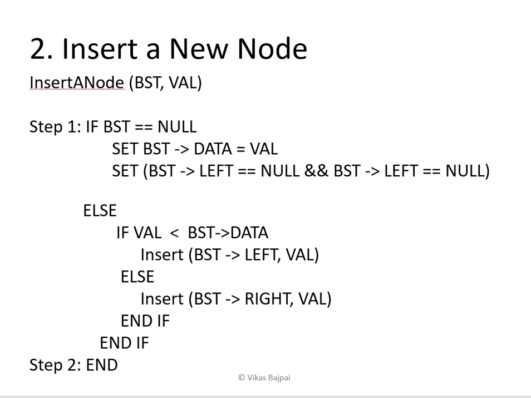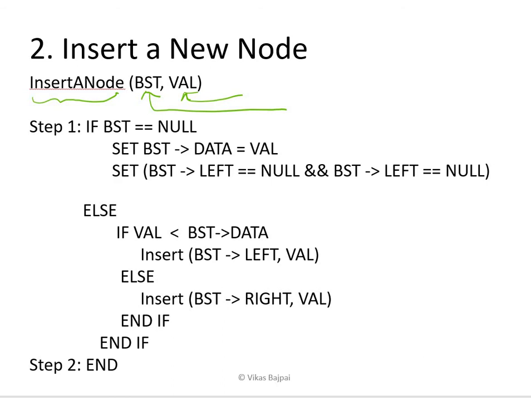The point which we need to keep in mind is that, analogous to searching a node, the very first thing we look for is whether my binary search tree is empty or not. This time I'll be taking a function which is insert a node. Once again, the same node will have this particular value, and I'm using the same BST terminology.